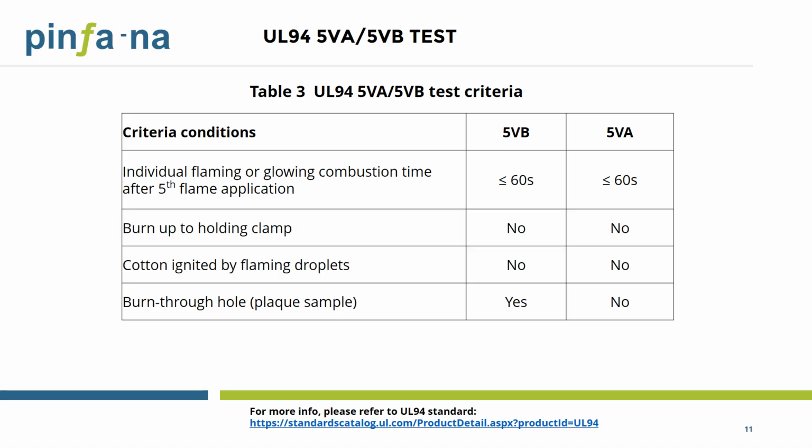In this test, two sample geometries, both vertically mounted flame bars and horizontally mounted plaque of the same formulation, should be tested. 5VB and 5VA have the same requirement in terms of the flaming and glowing combustion time and cotton ignition requirement. The difference is that 5VA doesn't permit a burn through, while 5VB does during the test of the plaque sample geometry. We'll take a look at a quick video demonstration of the UL94 5VA test next.